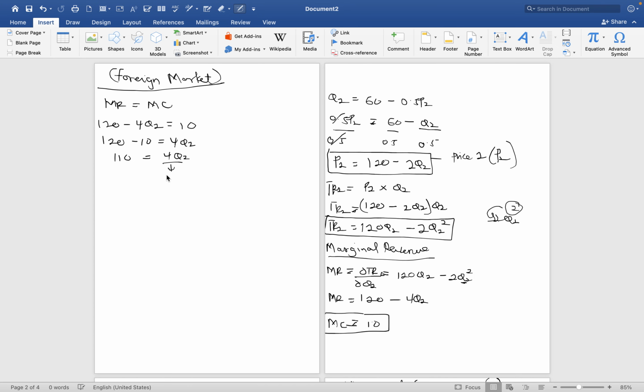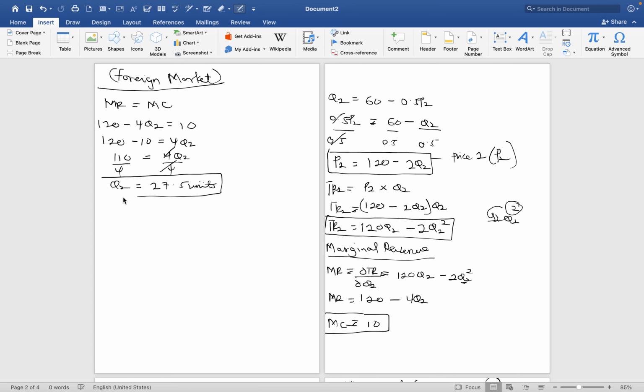You divide both sides by the coefficient of Q2, which is 4. So Q2 is equal to 110 divided by 4, which will give us 27.5. So Q2 is 27.5 units, or just 27.5.